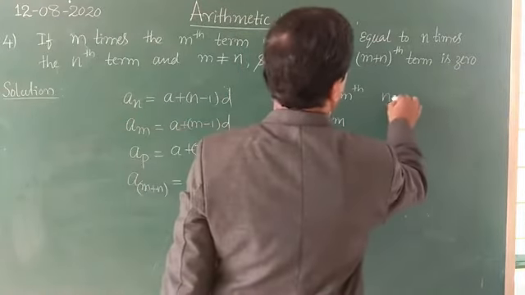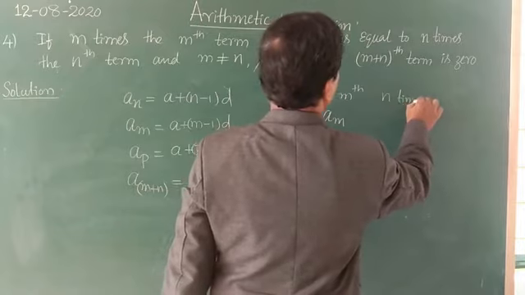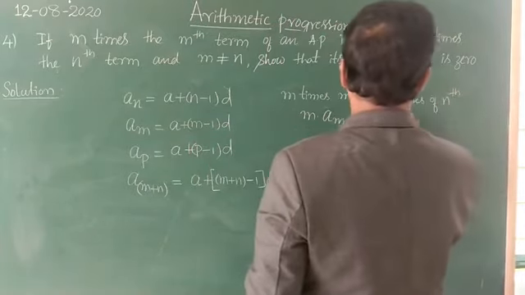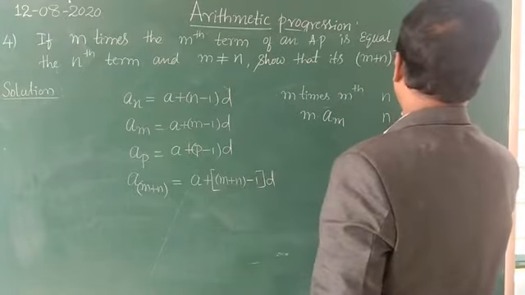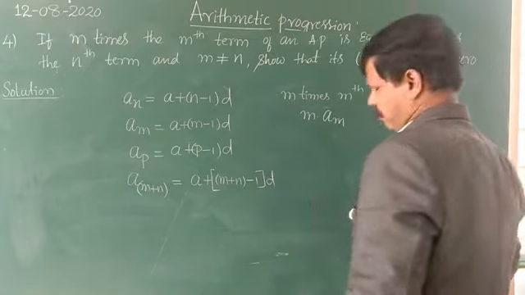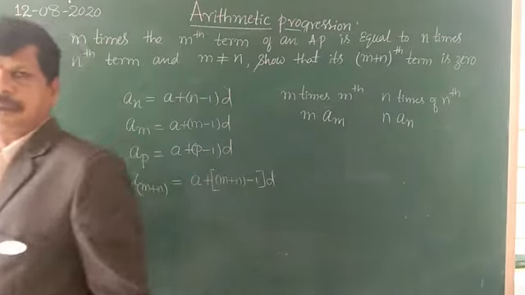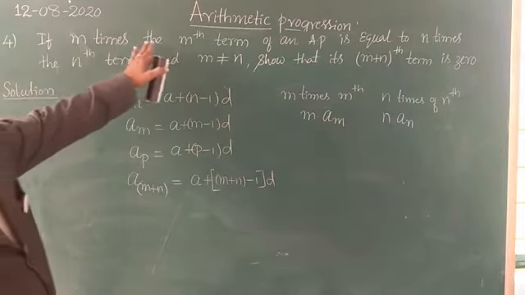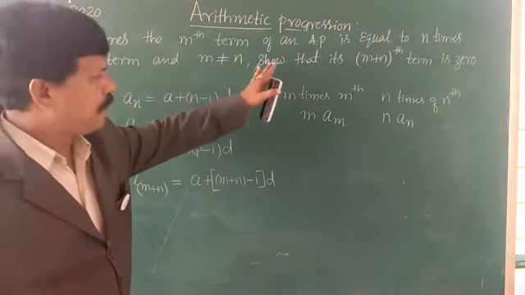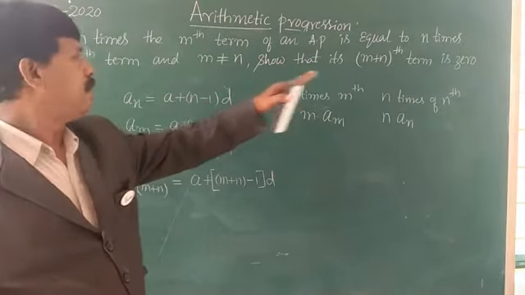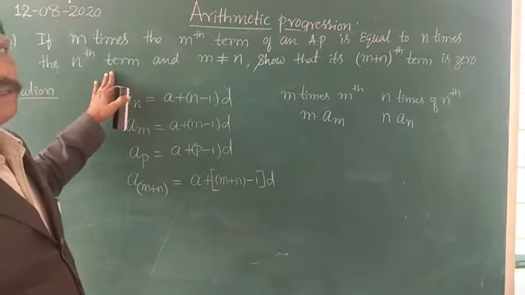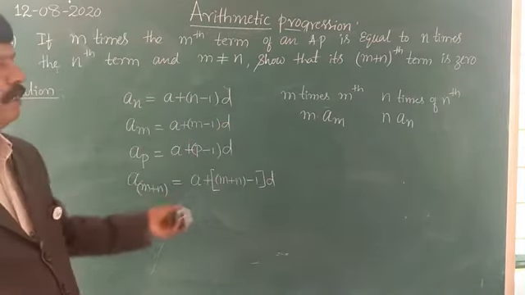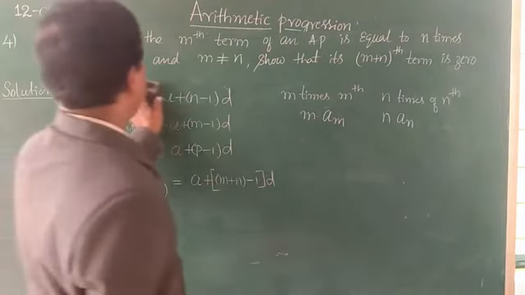Similarly, n times the nth term is written like this, n into an. Clear? See, if m times the mth term of an AP is equal to n times the nth term, then how do we write this? So I am writing this.